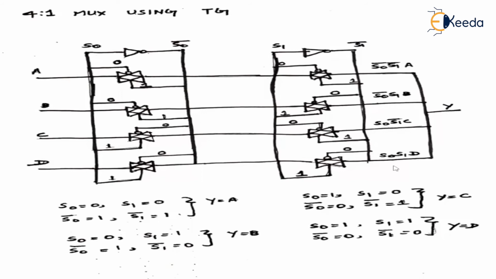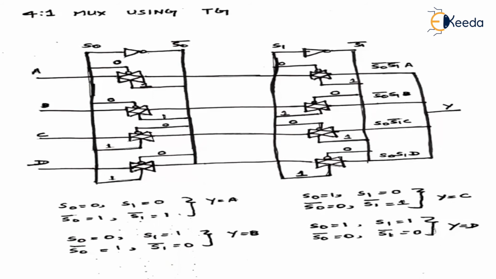Now, what was the 4:1 multiplexer? My data A will be selected when S0 and S1 both are equal to 0. For the combination, see on the bottom, I have written S0 and S1; when both are 0, my Y will be equal to A. Clear?